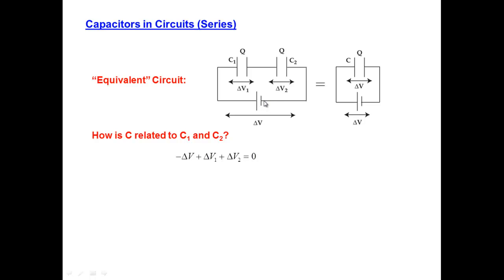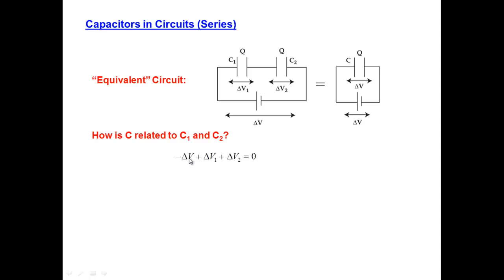And so the potential at the negative terminal of the battery is the same, and so as I go all the way around that circuit, I have to end up at the same potential I started with, which means the overall change in potential has to be zero. And that's what this equation is specifying.